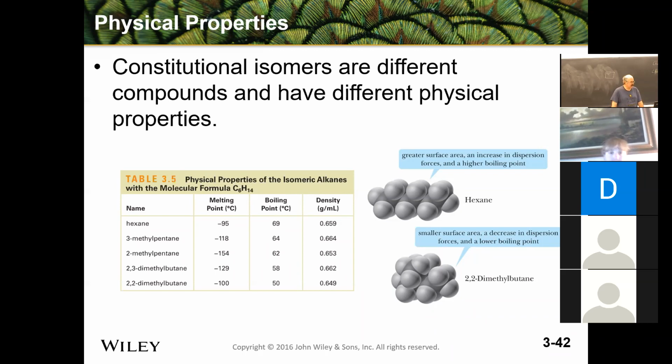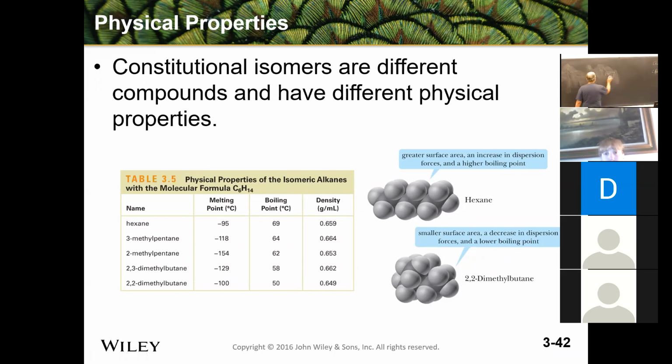Constitutional isomers are different compounds, and they have different physical properties. Here's just one example. This is a space-filling model of hexane, and then this is 2,2-dimethylbutane. These have the same molecular formula.